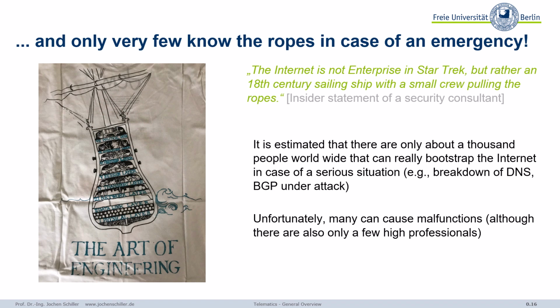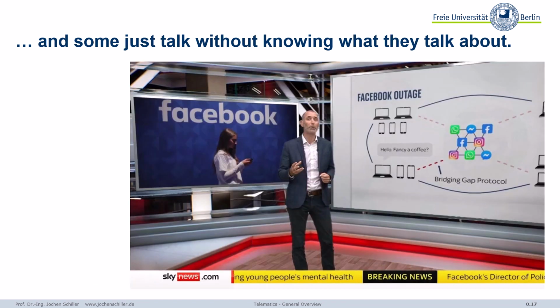And the problem is, we have so many applications and too many people talking about this and giving us good advice without knowing anything. I see pictures like this that, okay, this is Facebook, and this is somehow the internet, and the core of this is WhatsApp and Facebook and Instagram.